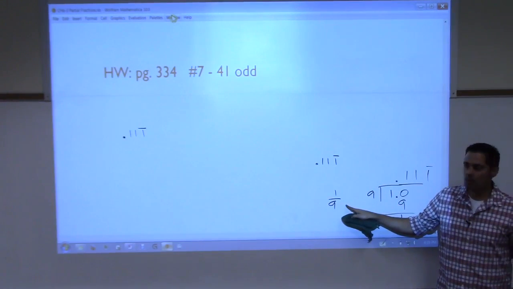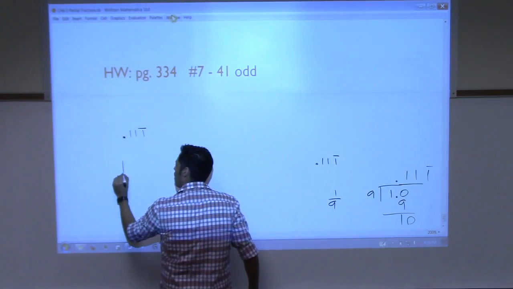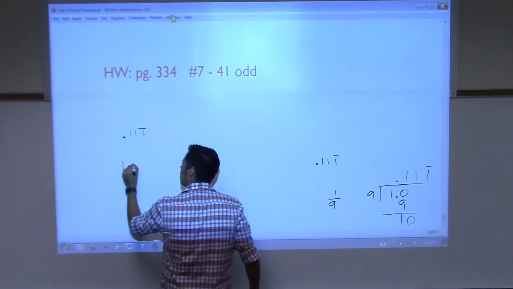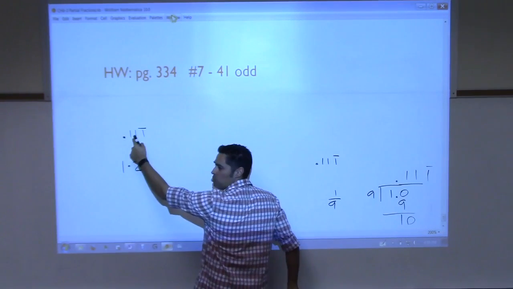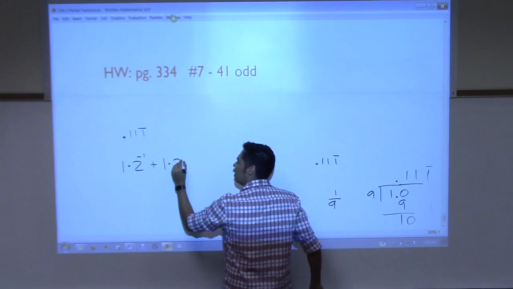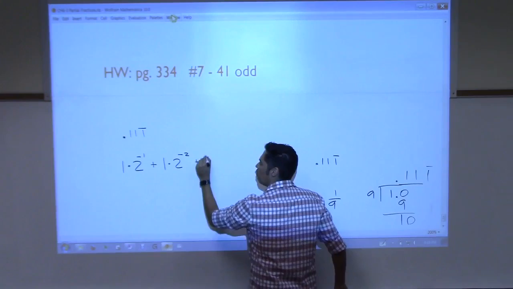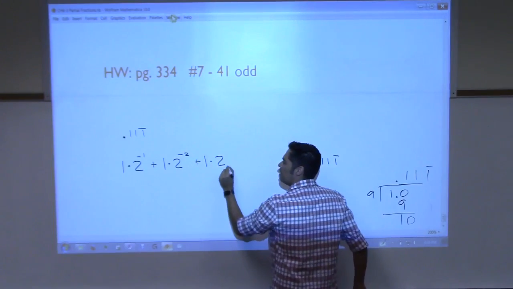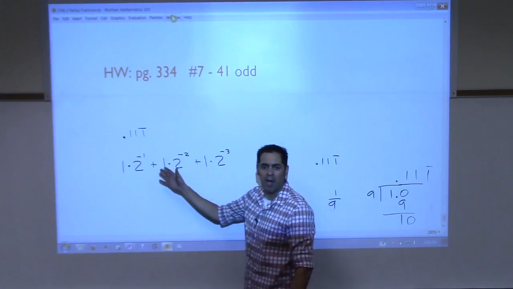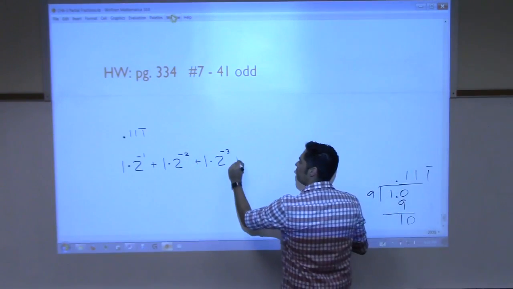Agreed? So what's this in binary? This is 1 times 2 to the negative 1. That's the first one, right? Plus, what's the next one? 1 times 2 to the negative 2. Plus the next one, 1 times 2 to the negative 3. See, I'm using base 2, so everything is base 2. And then I keep going.